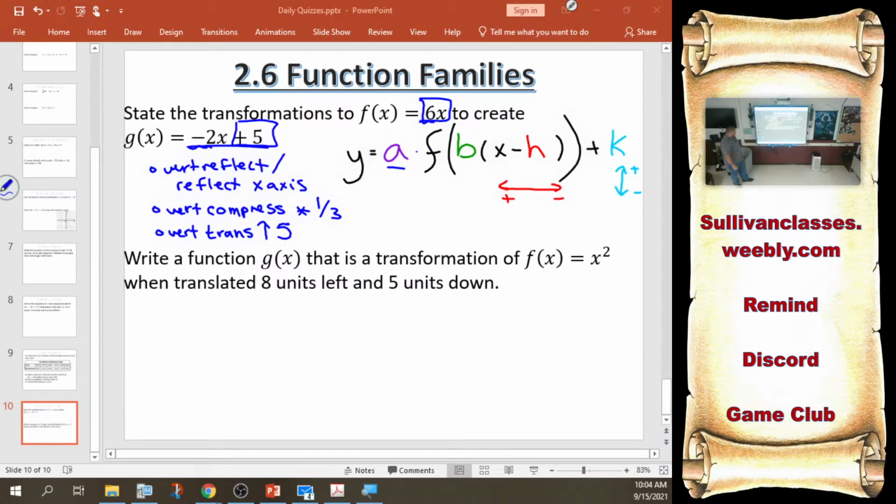Second one, I'm going to transform x squared 8 units left, 5 units down. Left. Arrow's right there, left. If I go left 8, I need to say plus 8, and it needs to be in parentheses grouped with x.